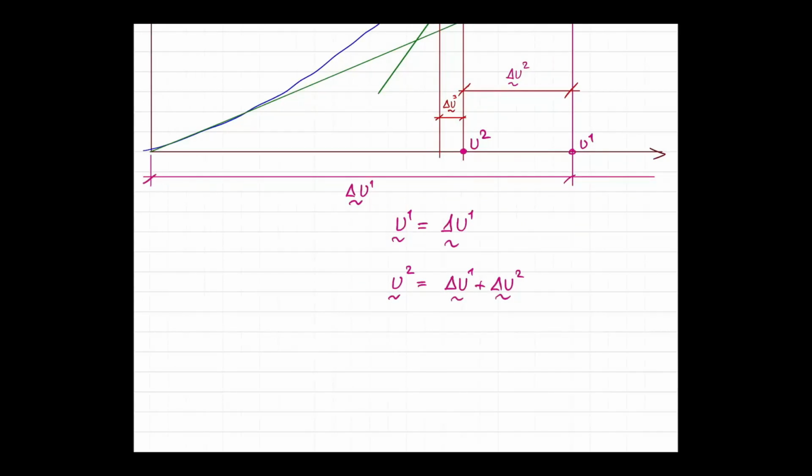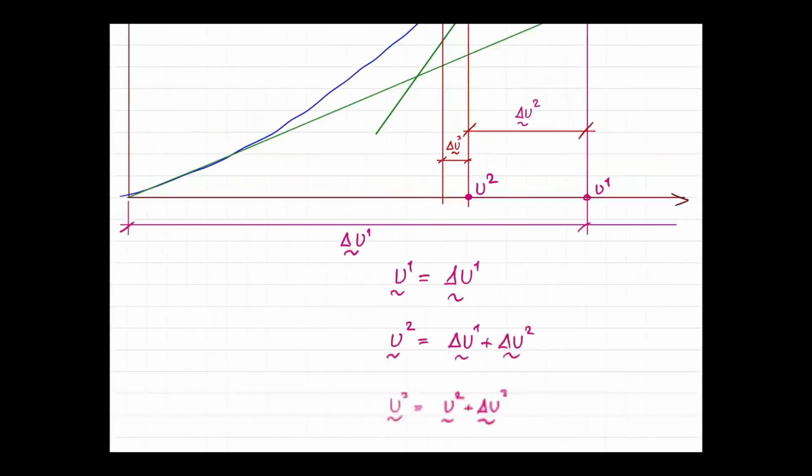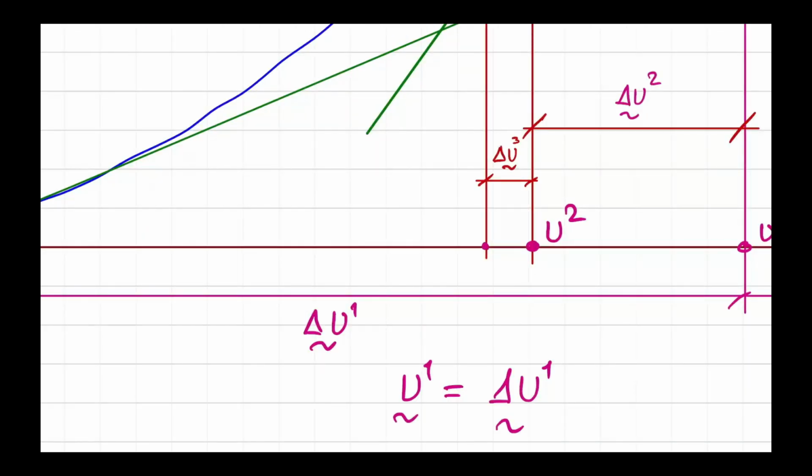So you update the current U2 plus delta U3. Again, the delta U3 as the residual is negative, stiffness is always positive.